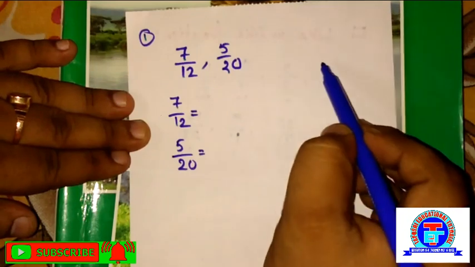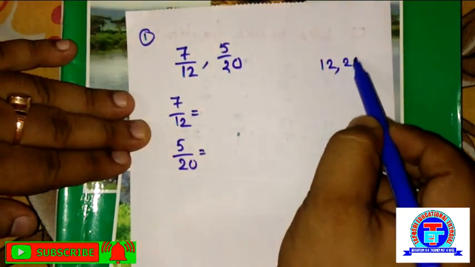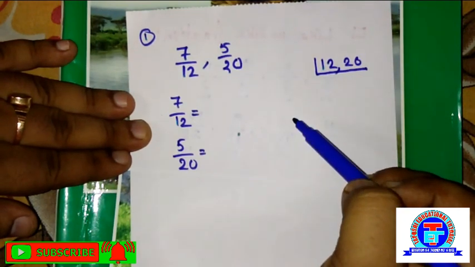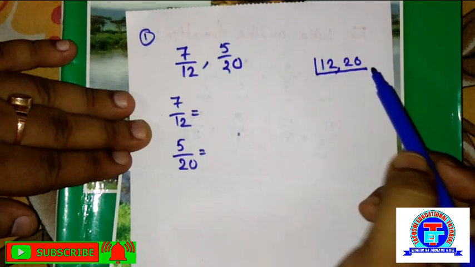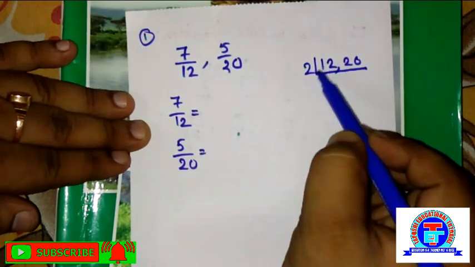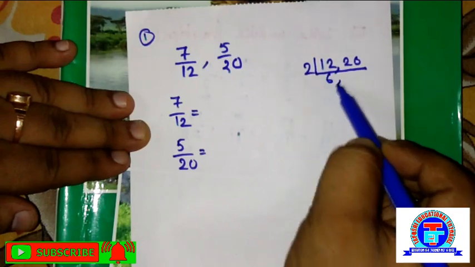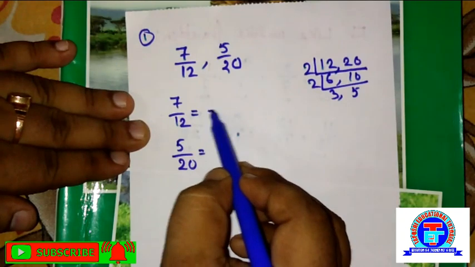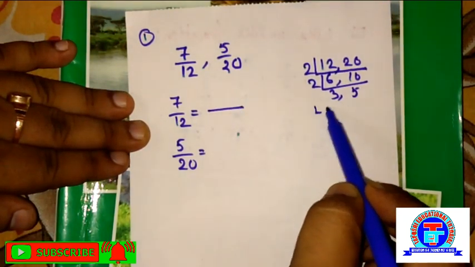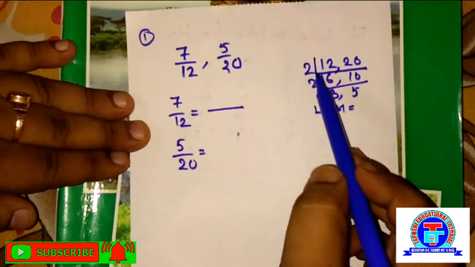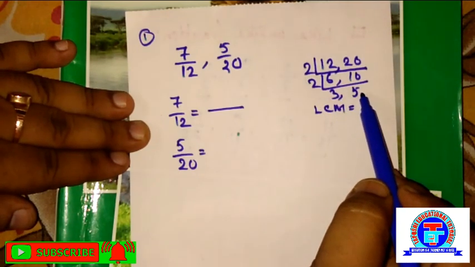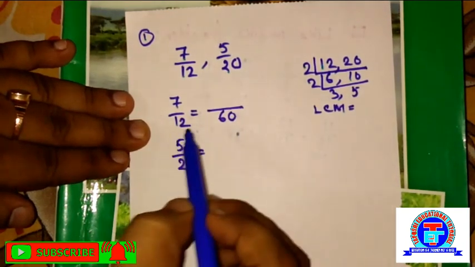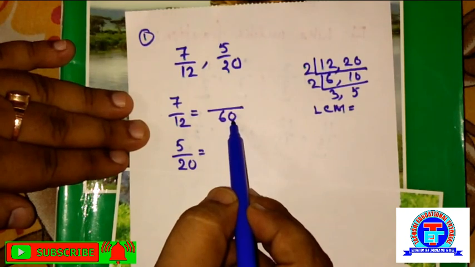Now we take the LCM of 12 and 20. Our target is to make the denominator of each fraction the same. Now dividing by 2 we get 6, 10, and then 3 and 5. So LCM is 4 times 3 times 5, that is 60. So 60. Now which number do we multiply with 12 to get 60?